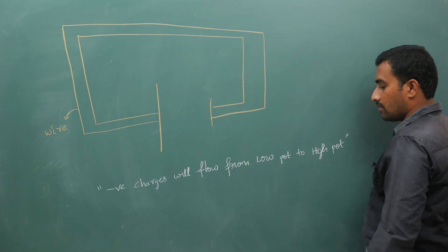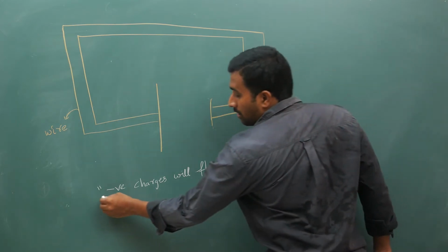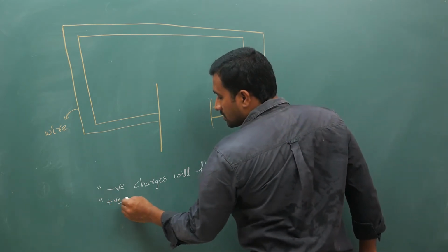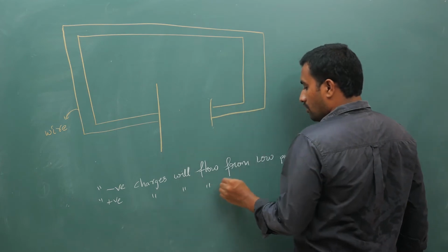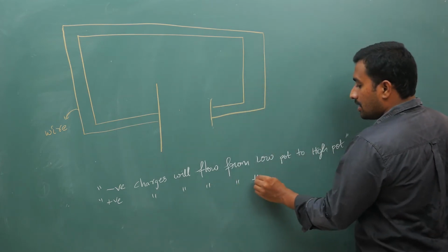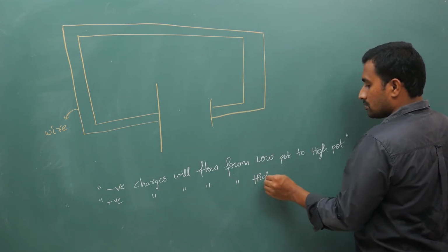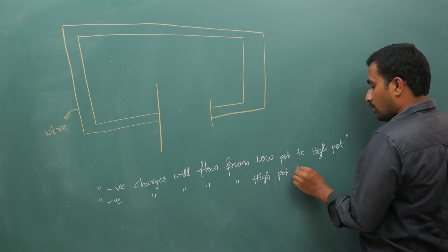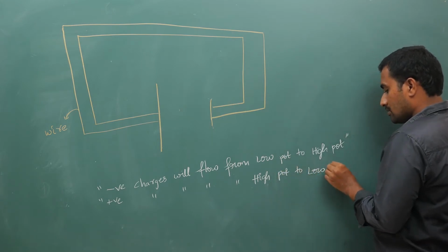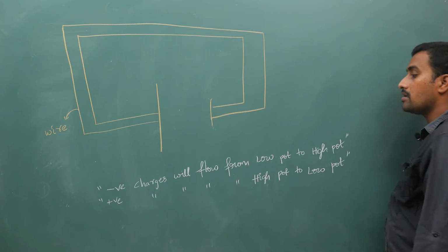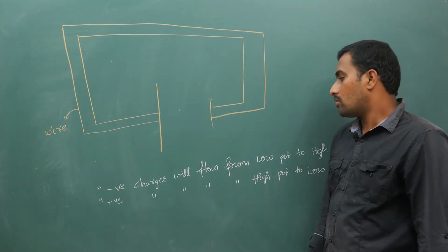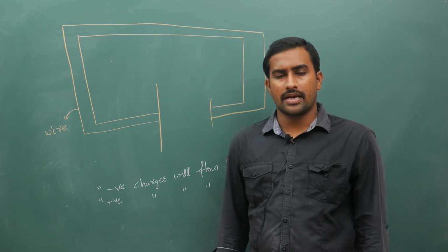Next, positive charges will flow from high potential to low potential. Okay, right? So this is your basic idea.